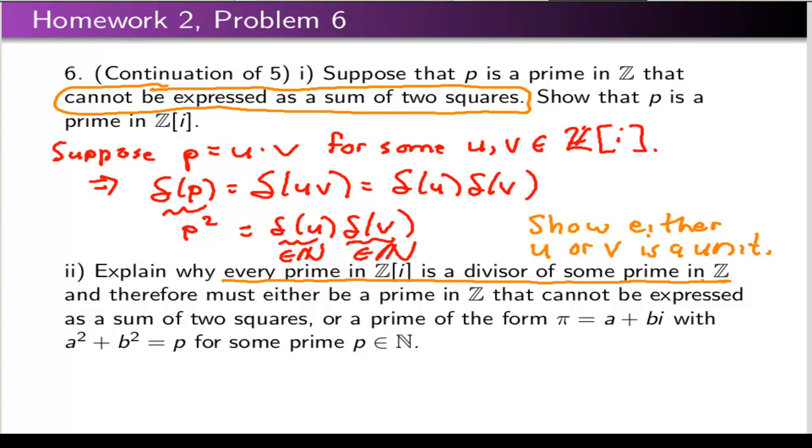So let's say u is a prime in the Gaussian integers.